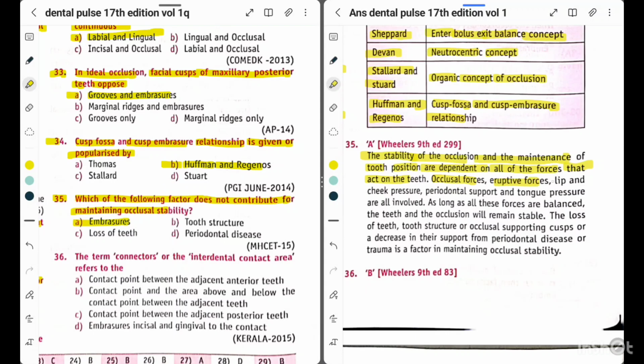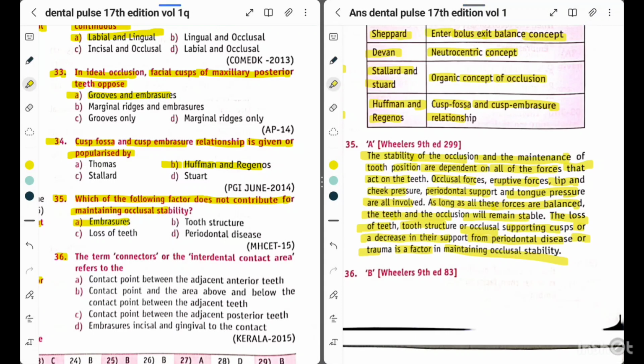Occlusal forces, eruptive forces, lip and cheek pressure, periodontal support and tongue pressure are all involved. As long as these factors or forces are balanced, the teeth and the occlusion will remain stable. The loss of the teeth, tooth structure, or occlusal supporting cusp, or a decrease in their support from periodontal diseases or trauma is a factor in maintaining occlusal instability.